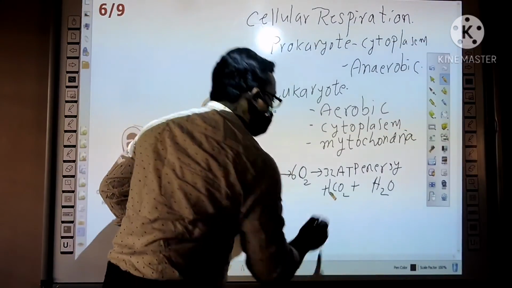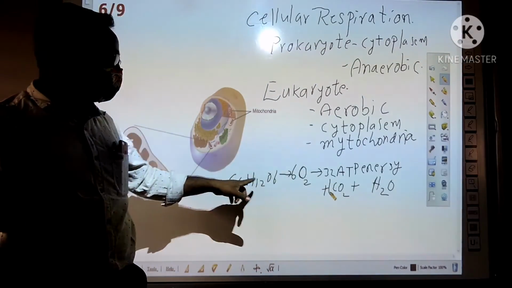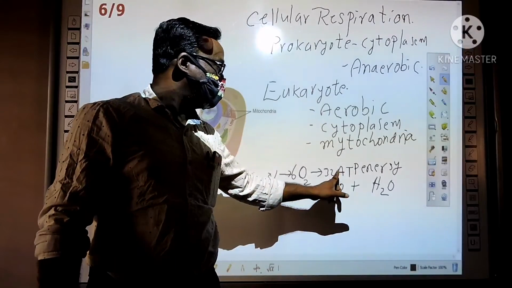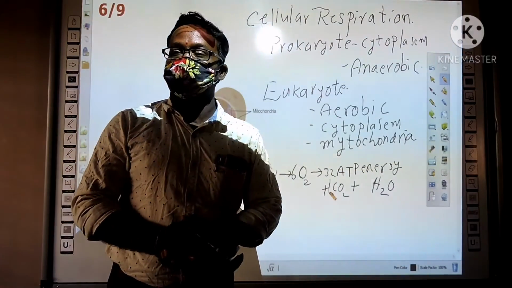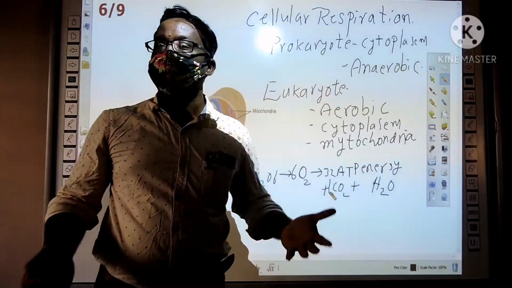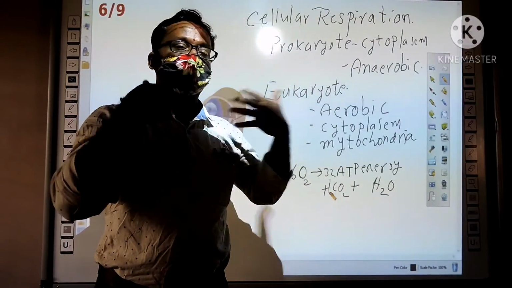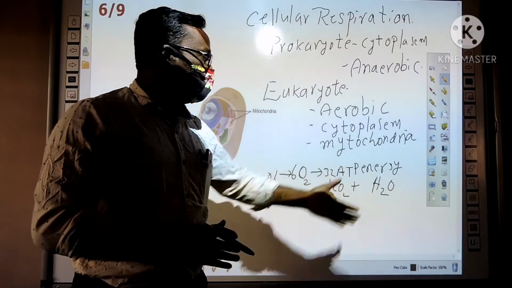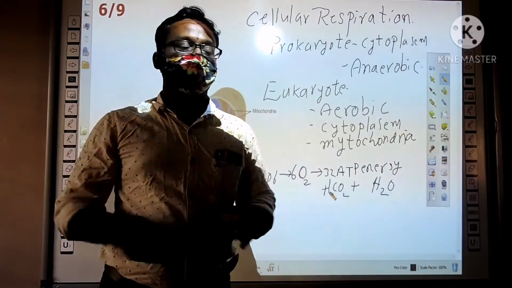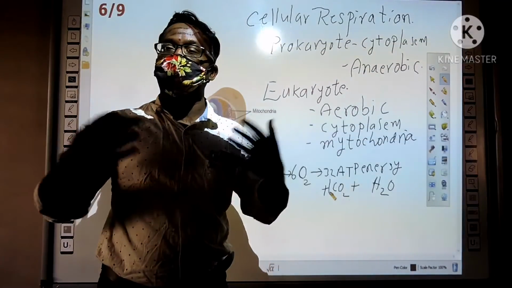From one glucose, 6 molecules of carbon dioxide, 32 ATP molecules, and water are released. Carbon dioxide is a harmful substance. That's why we exhale it through the exhalation process. It is removed into the air, and water is removed in the form of sweat. Some amount is used in biological processes.